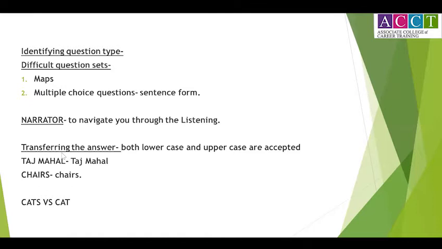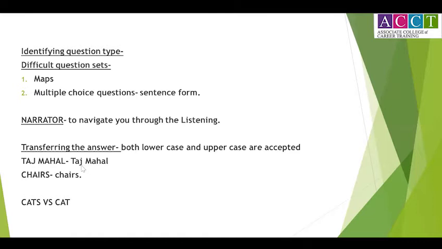When it comes to transferring the answers, it's important that you take care of small little things which can, if not directly then indirectly, impact your scores. Number one, both lowercase and uppercase letters are accepted. However, sometimes when we are in a hurry of transferring the answers, we happen to miss out on certain little details.